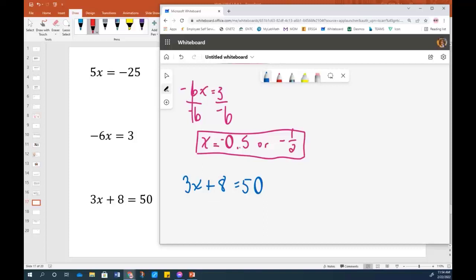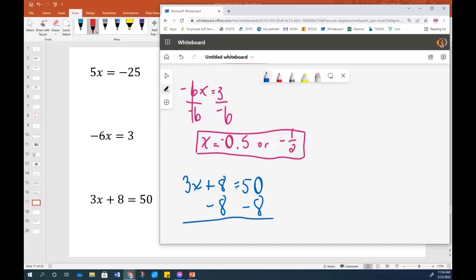Remember I said sad milk? It's also visually speaking, you can just think of it as this 3 is really close to that x, so it's hanging on tight. It's harder to pull off, so do it last. That's not math terminology, but it may help you remember which one to do first.